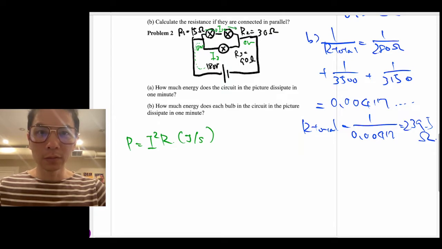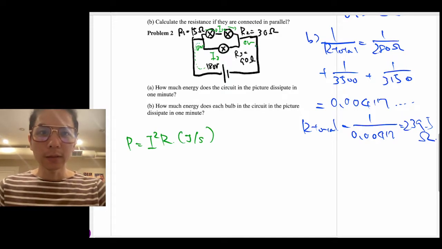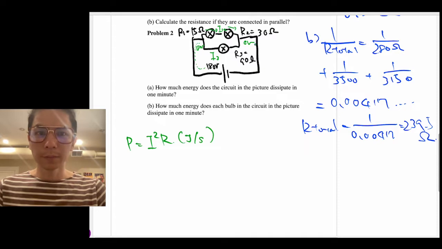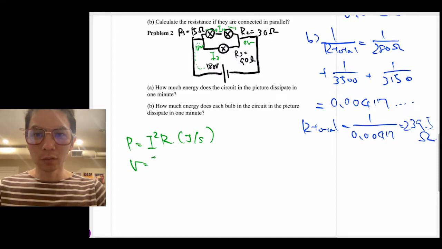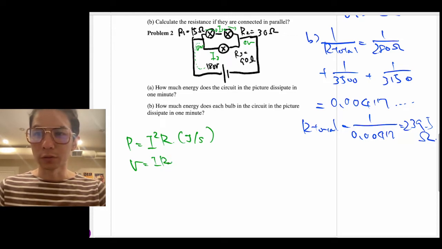So there are two types of currents, and by using Ohm's law, V equals IR, you know V and you know R, so you should be able to calculate I. And then you apply the value of I into this equation so that you can get P.